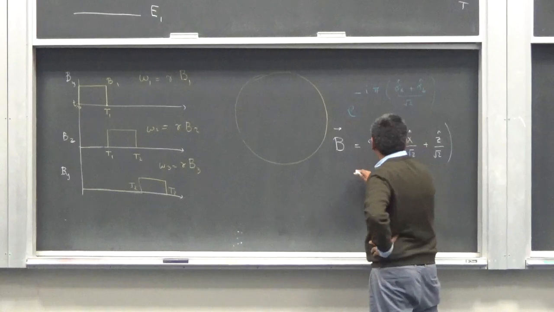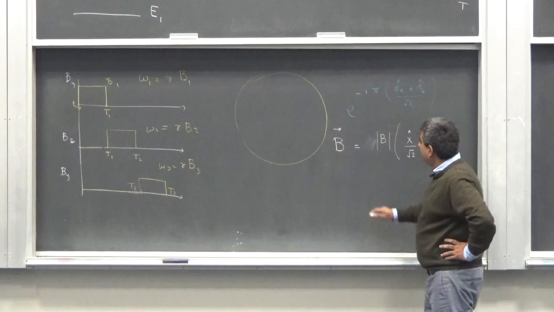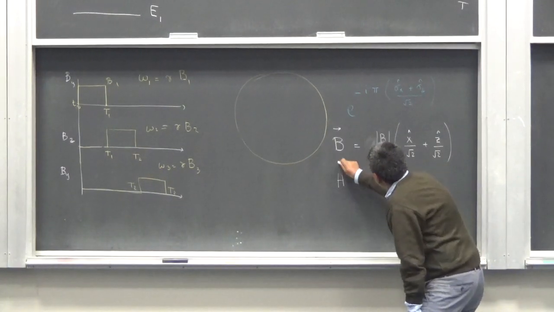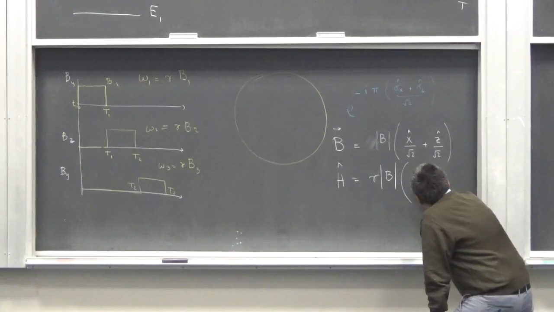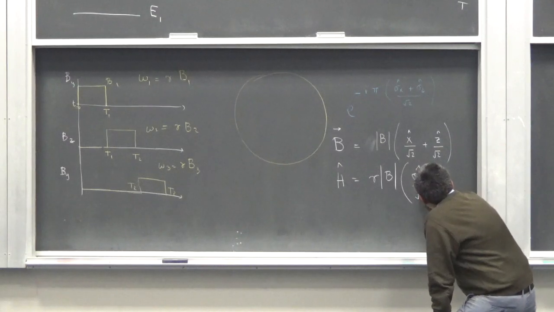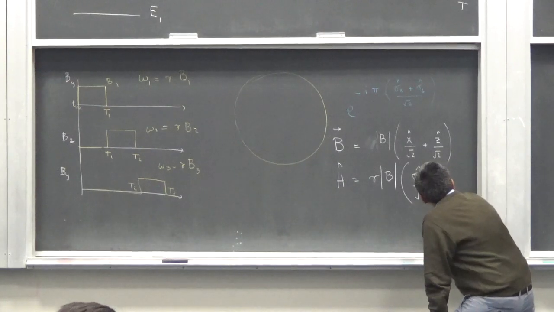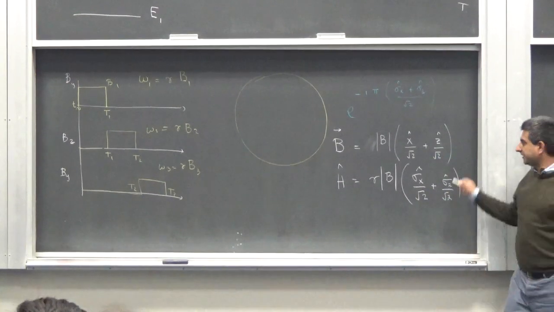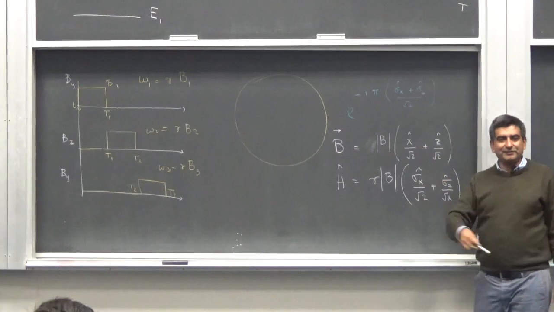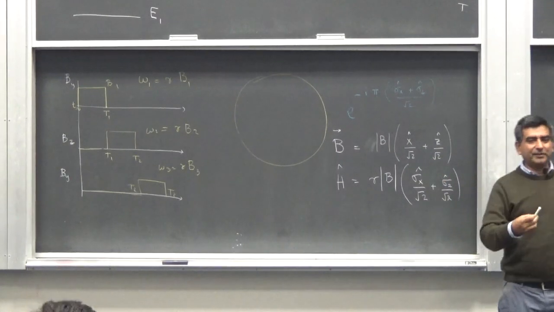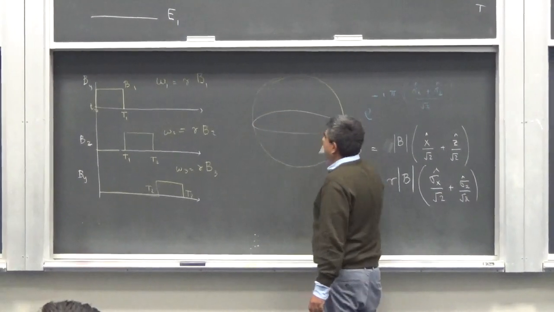And the Hamiltonian will be gamma B times sigma x over root 2 plus sigma z over root 2. So this is my vectorial magnetic field, and this is the Hamiltonian it will create, which will evolve the state.